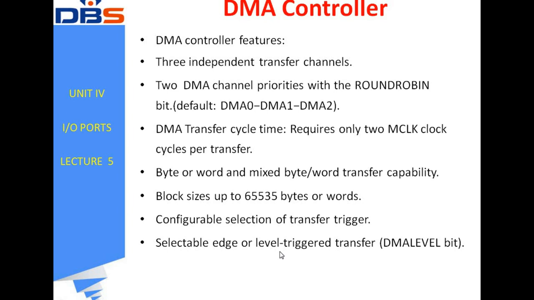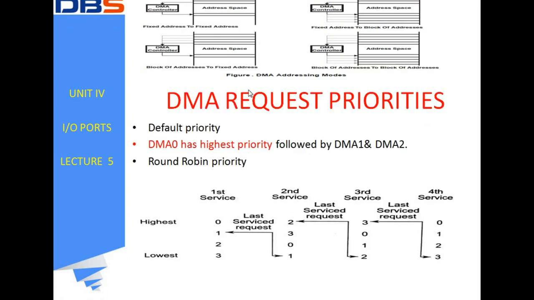For selectable edges, we need to select either the rising edge or falling edge. And we have 4 addressing modes: fixed address to fixed address, fixed address to block of address, block of address to fixed address, and block of address to block of address.